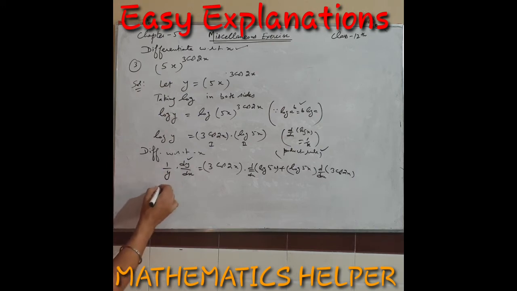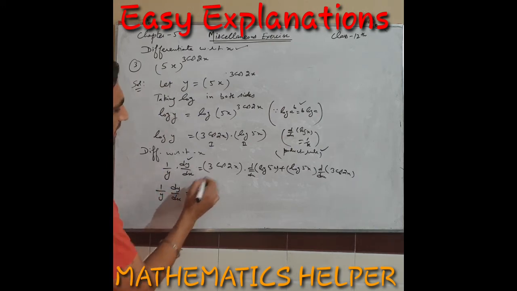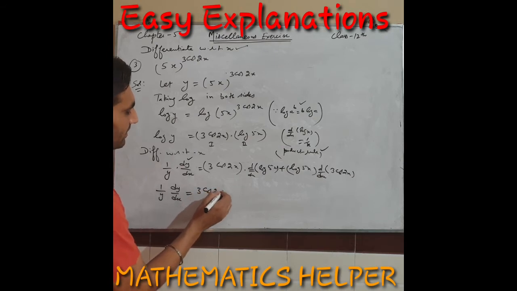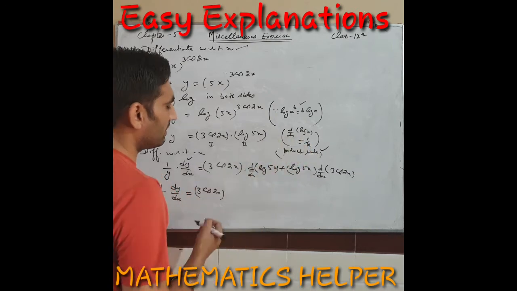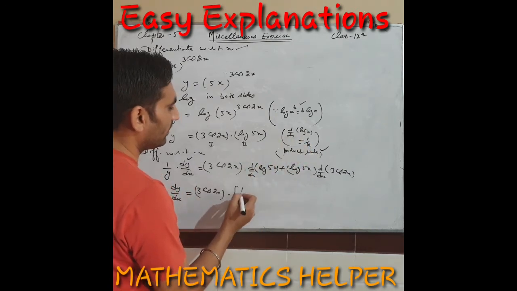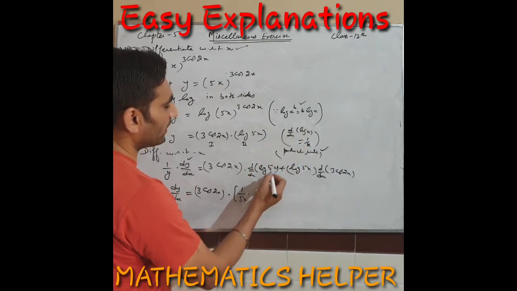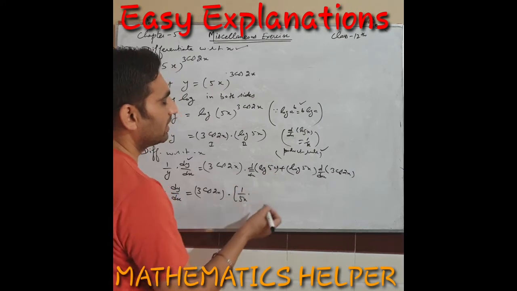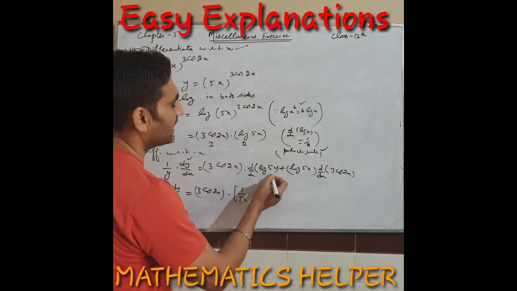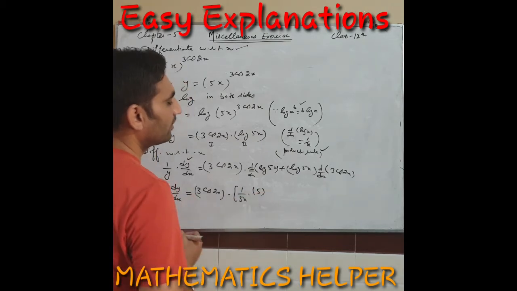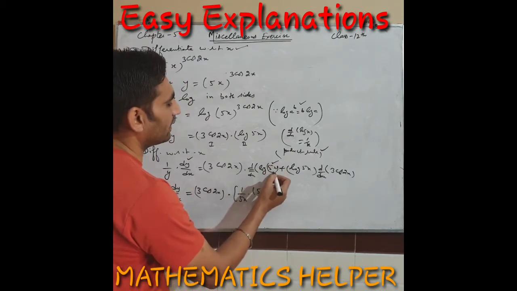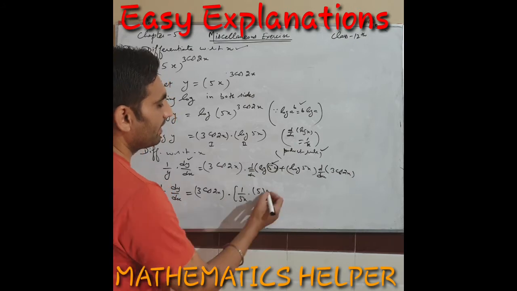So we have here 1 over y dy over dx equal to, first part same, 3 cos 2x, but what about the derivative of log 5x? If we follow the same, it will be 1 over 5x. But don't forget to write the derivative of 5x because this is not x. Derivative of x is 1, but it is 5x, so its derivative will be 5. You have to write the derivative of the value whose log is given.